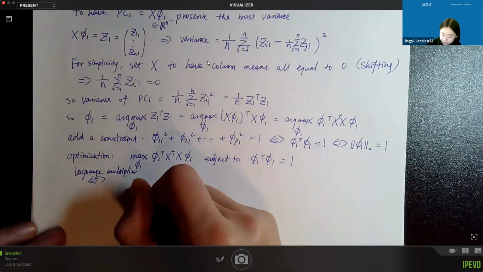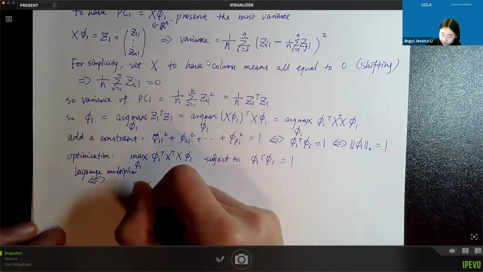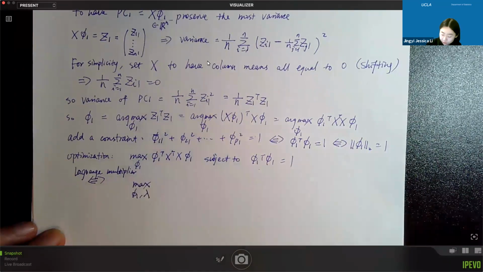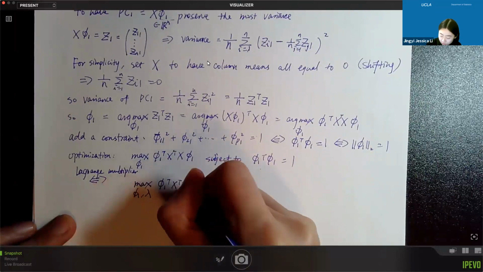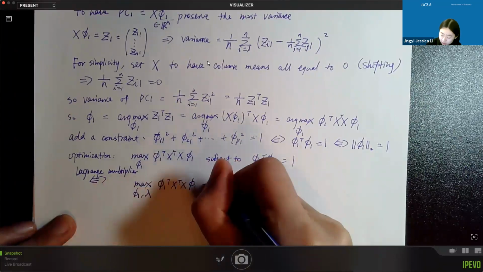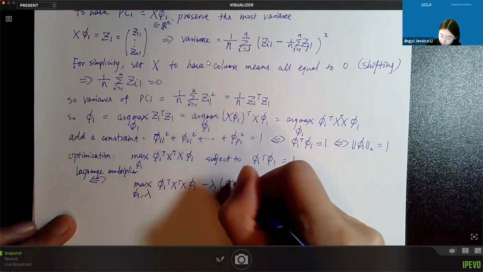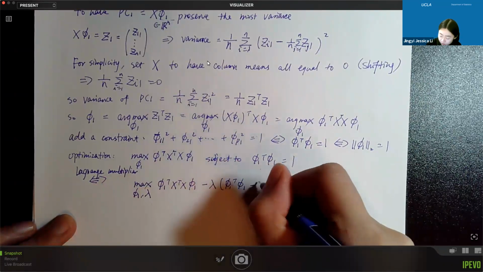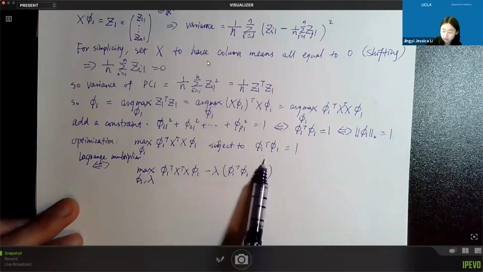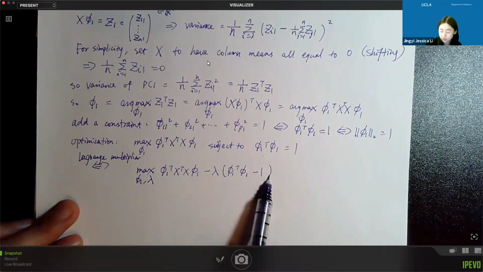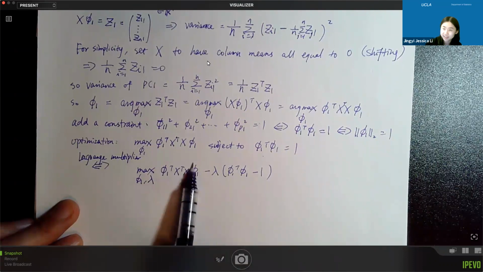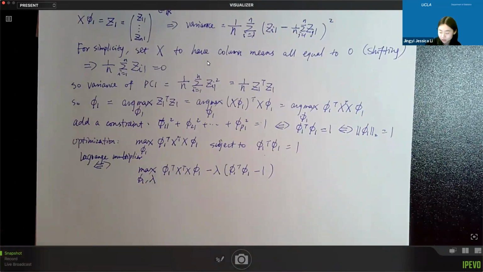So we want to find the maximizer of phi 1 and the constant lambda for this thing, phi 1 transpose x phi 1 minus lambda times phi 1 transpose phi 1 minus 1. So you see, because of the constraint, this term should be equal to 0. So when this is equal to 0, it's not affecting this part as well. Okay, so that's the Lagrange multiplier trick.